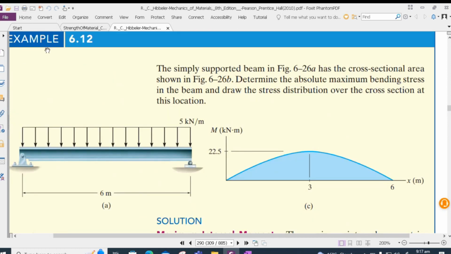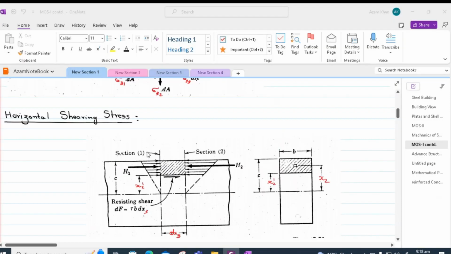These examples enhance our understanding of flexure theory. We will now move towards the derivation of the formula for horizontal shear stress. So let us remind ourselves where the shear stress is coming from.